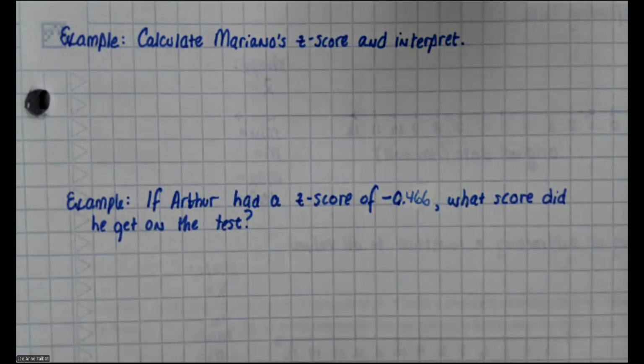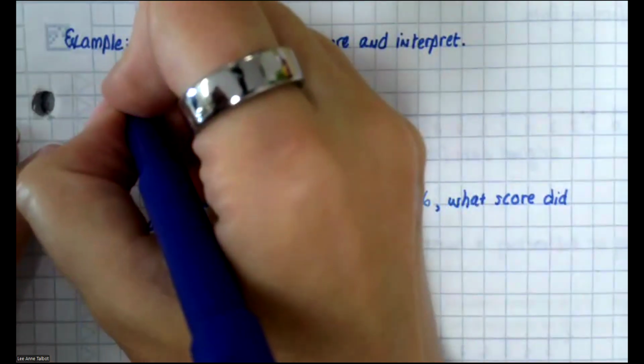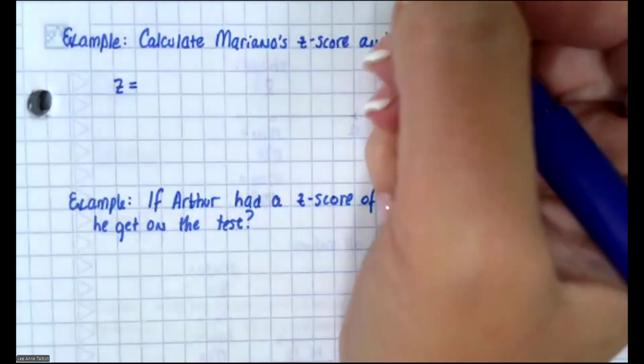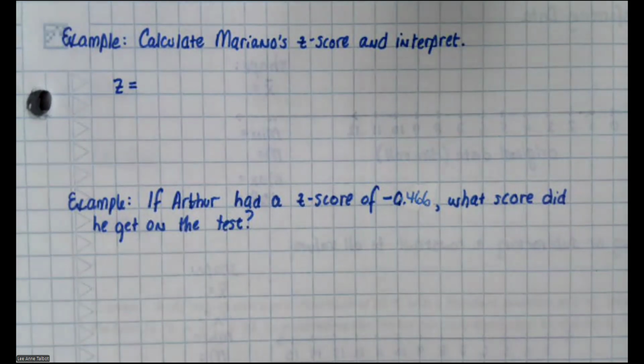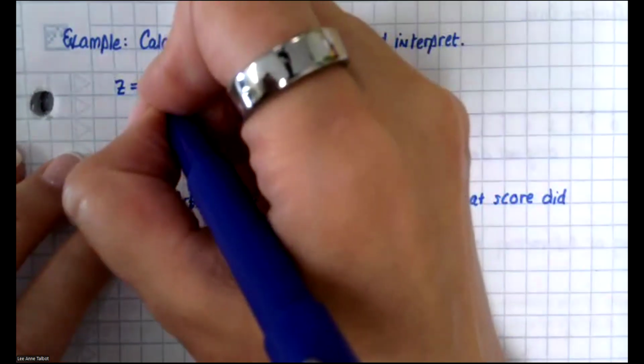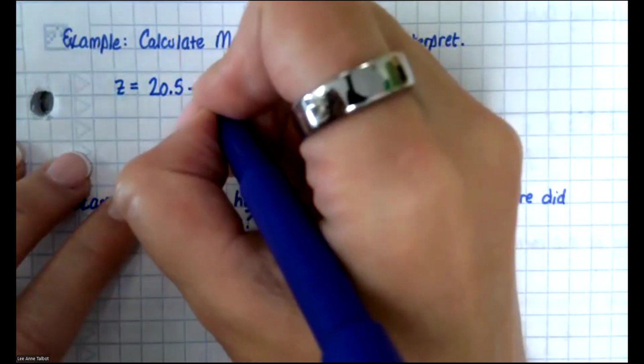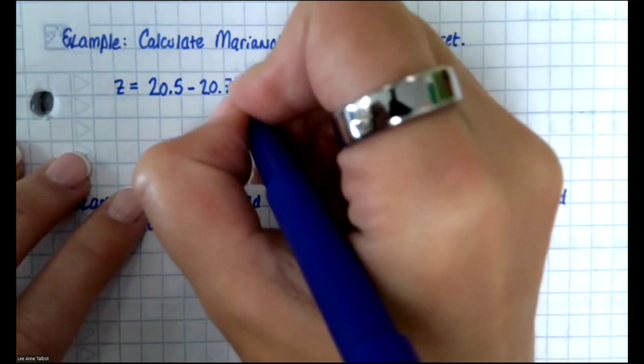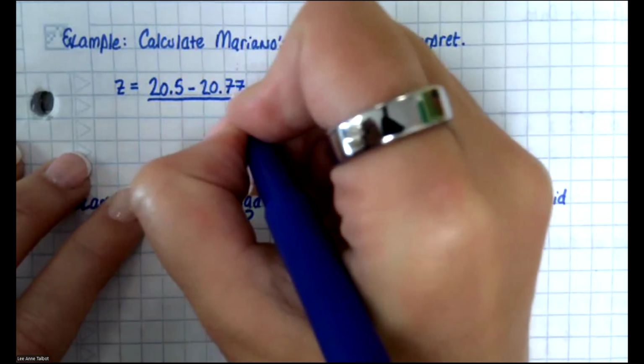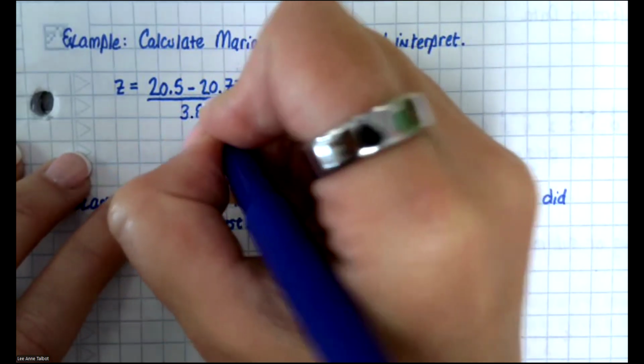Calculate Mariano's z-score and interpret. So z equals, what was Mariano's score again? 20.5? 20.5 minus 20.77 over 3.80.